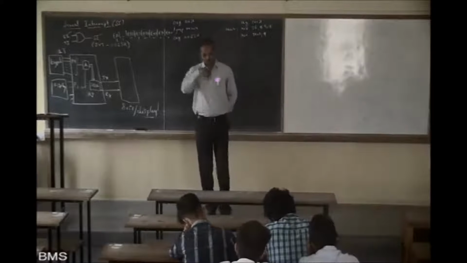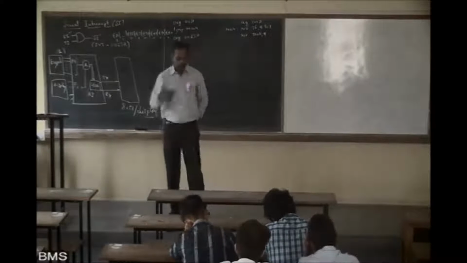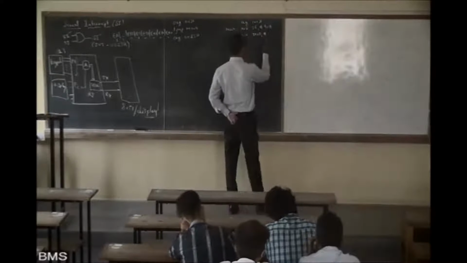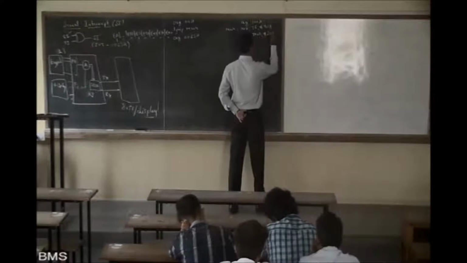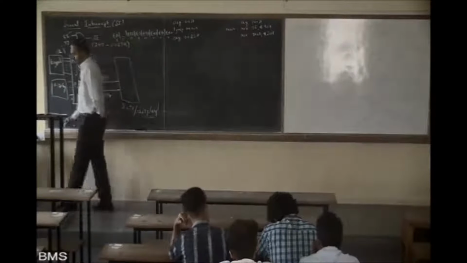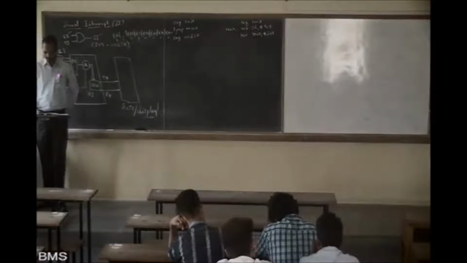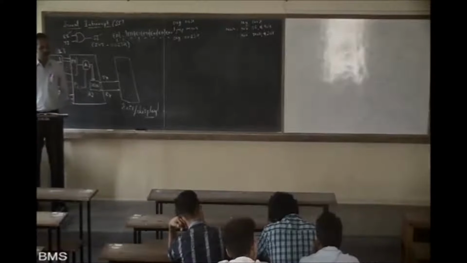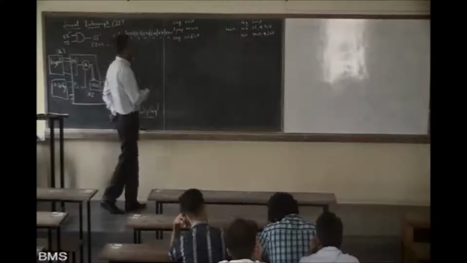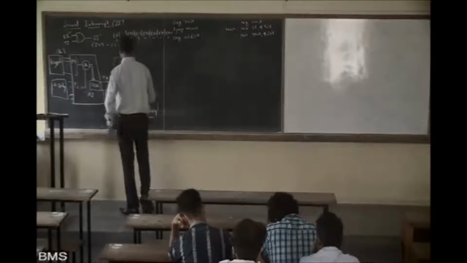What value? 20H. If I write 20, what happens? TMOD equal to 20H. Why 20? When it is 20, tell me the TMOD register.